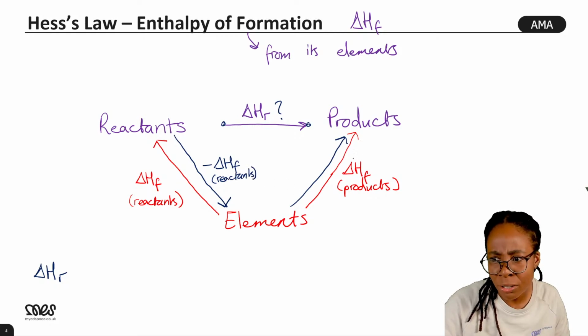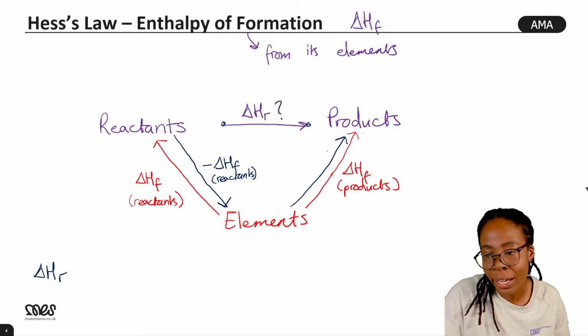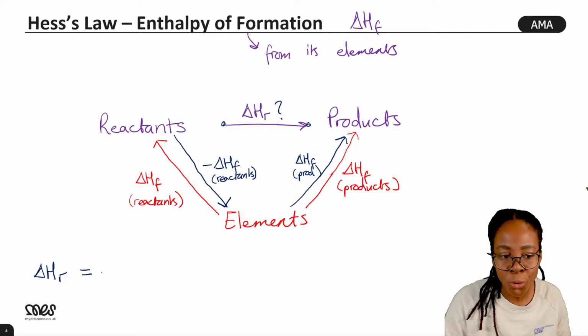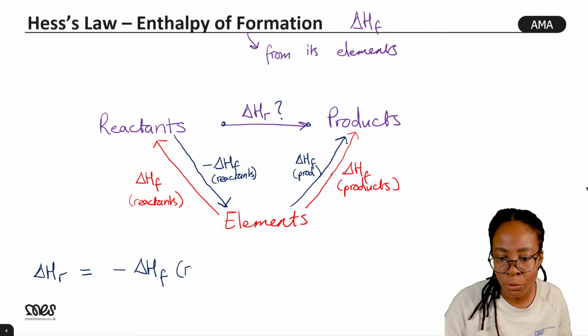And then this arrow is following in the same direction that it was before. So that would still just be the enthalpy change of formation for the products. So the overall enthalpy change for this reaction is the negative of the enthalpy change of formation for the reactants plus the enthalpy of formation for the products.